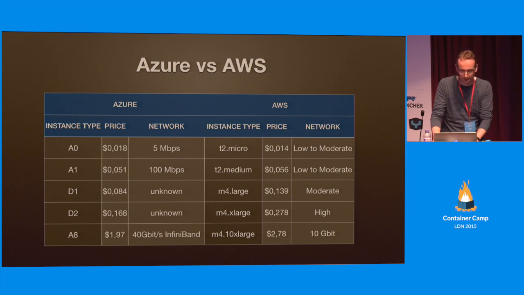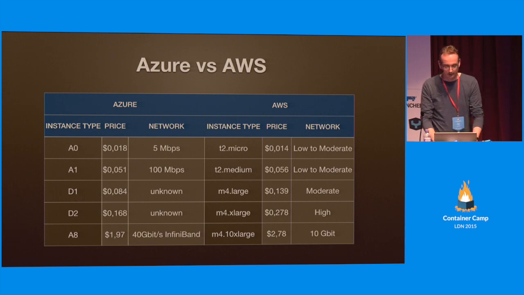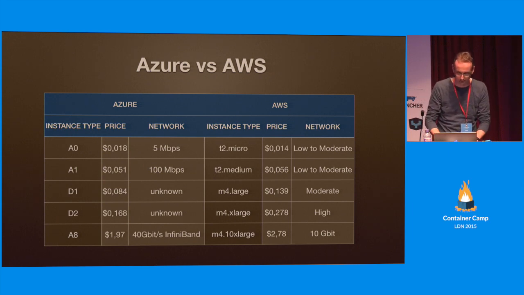No information about the D series, and if you look at the higher end A8, Microsoft does tell you proudly that they offer an InfiniBand network connection. And AWS more or less does the same thing. It talks in terms like low to moderate performance or moderate to high, and at the higher end they tell you you get full access to a 10 gigabit connection.